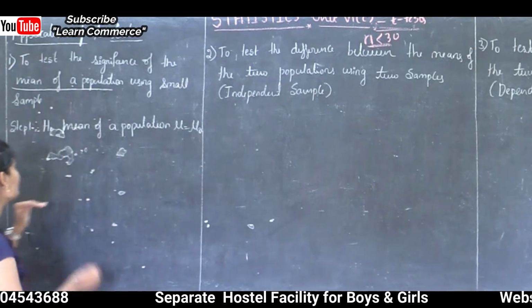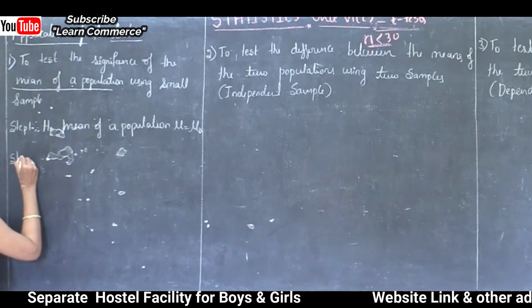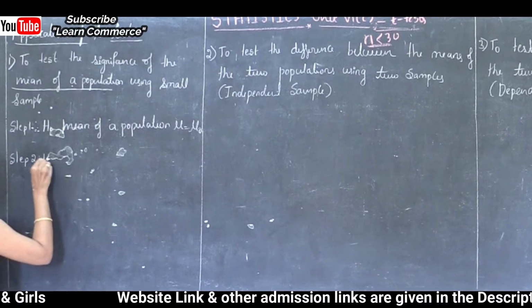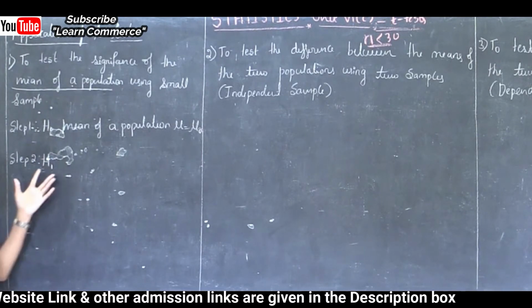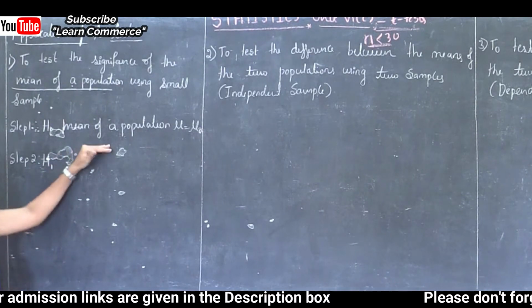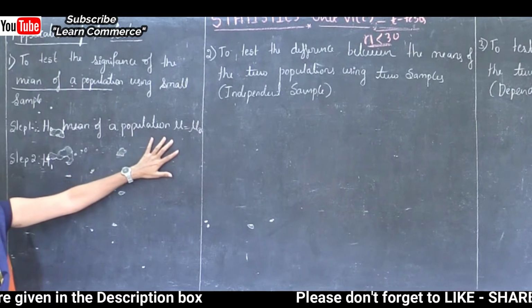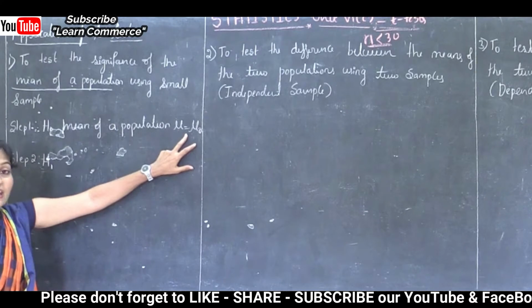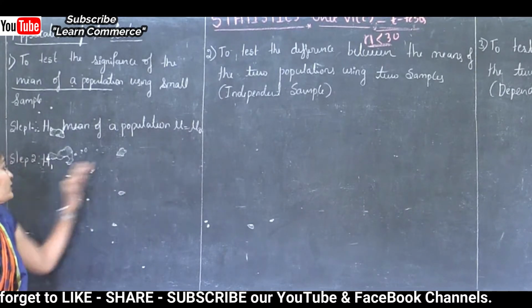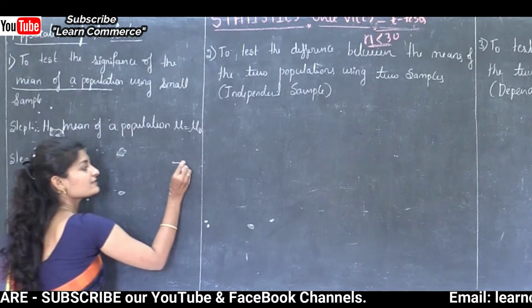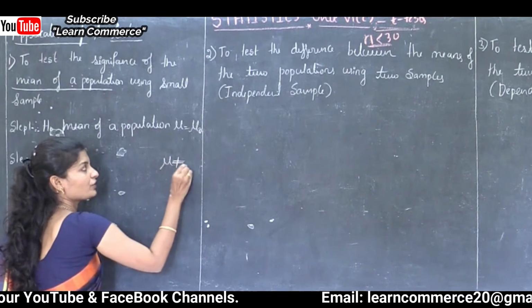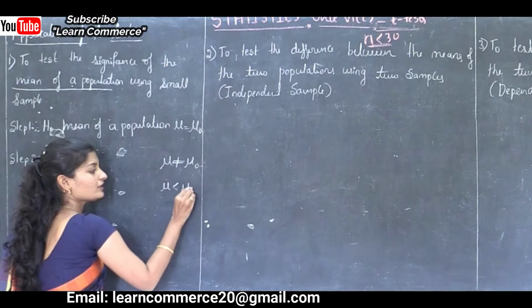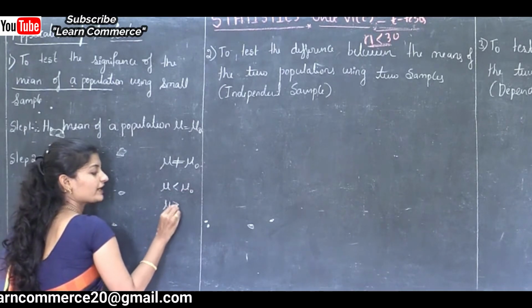Then what is step 2? Step 2 is setting up the alternative hypothesis, denoted by H1. The alternative hypothesis covers the possible rejections of the null hypothesis. If the null hypothesis is equal, then the alternative is either mu not equal to mu naught, or mu less than mu naught, or mu greater than mu naught.